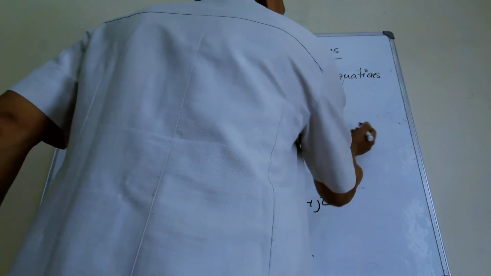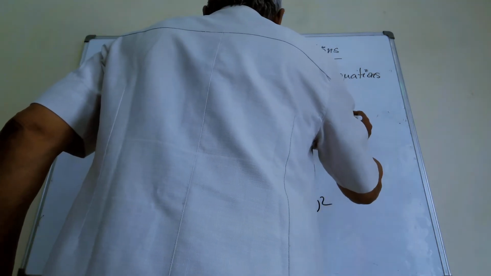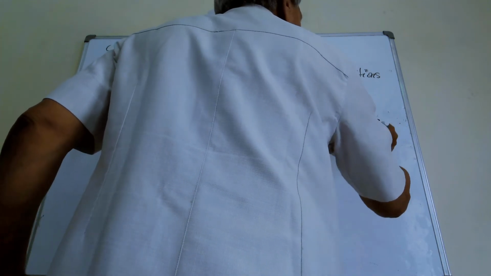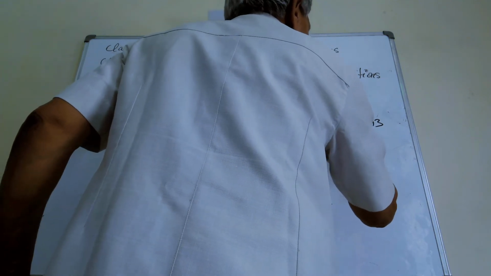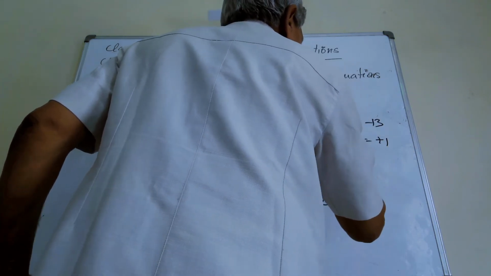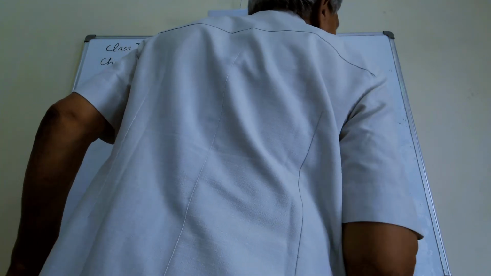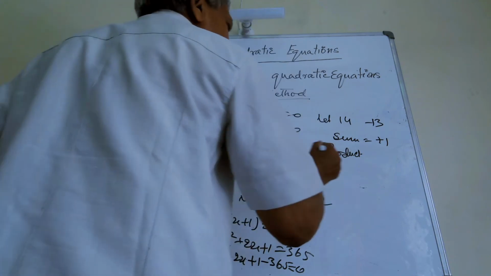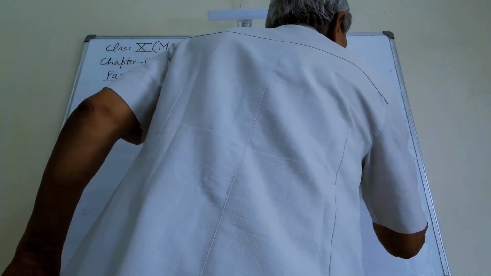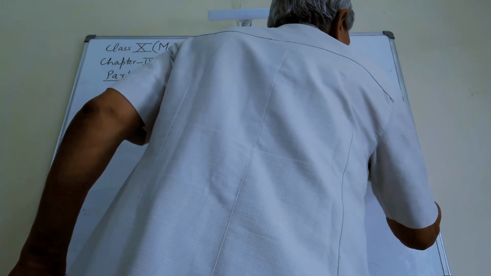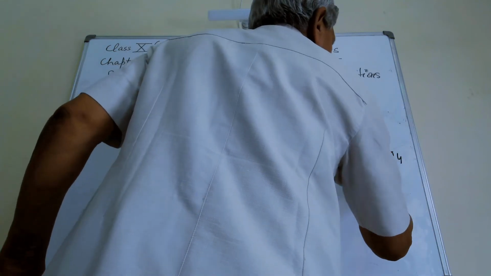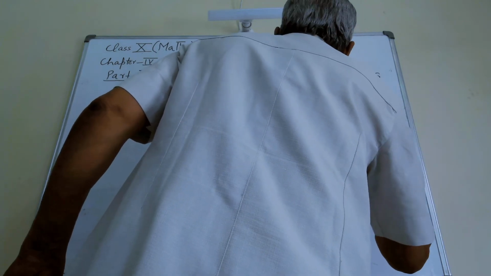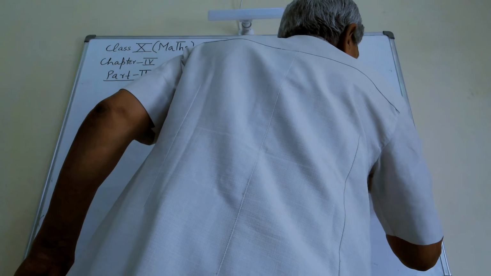And again, take two numbers, 14 and minus 13. Let the sum be equal to plus 1 and product be minus 182, that is 14 into minus 13 is equal to minus 182.